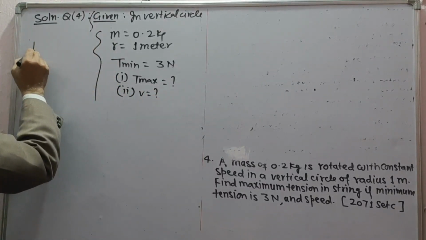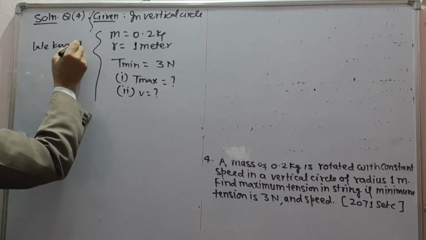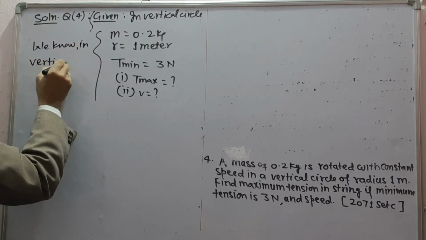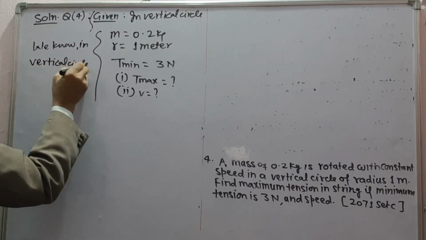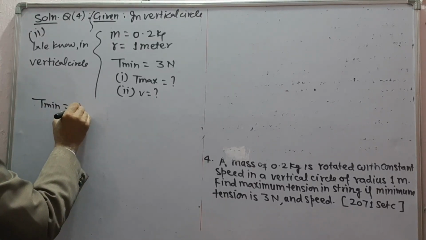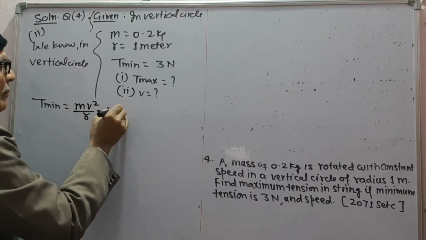Now solution, we know in vertical circle, minimum tension is given by mv square upon r minus mg.